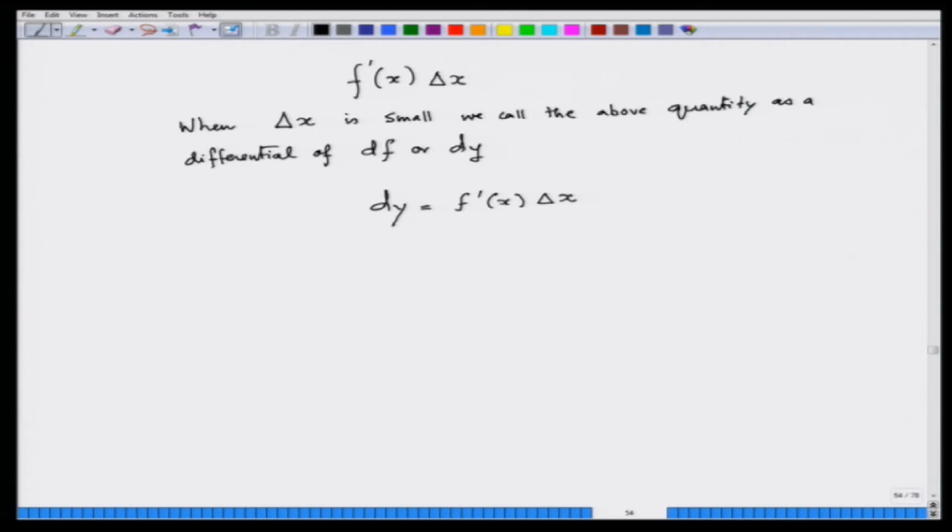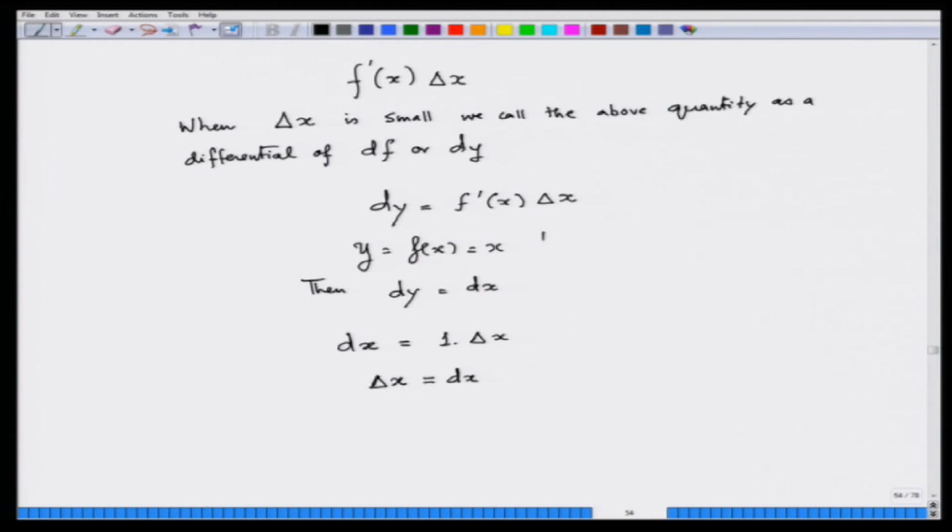Now an interesting thing emerges. Let me consider the function y is equal to f of x is equal to x. Then dy is basically my dx or df. So what would it mean? So dy in this case, or dx, is equal to f dash x, which is just 1, into delta x. So delta x, whatever be your x, can always be written as d of x.